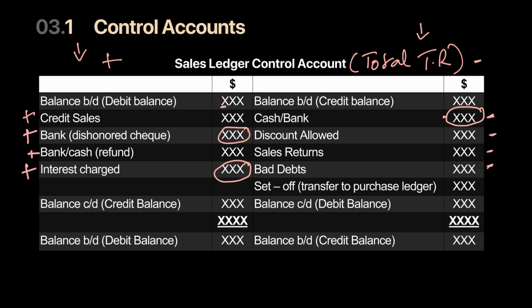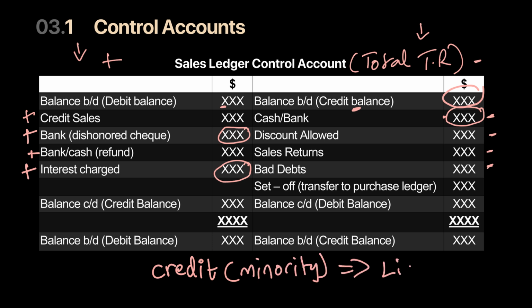One is this credit balance, or there's also a balance brought down on the credit side. This would only happen when a customer becomes a liability. Now, when can a customer become a liability? Remember this, guys, a credit balance, which we can also call a minority balance, is because a customer is now a liability.